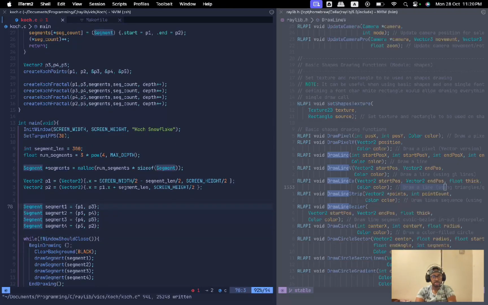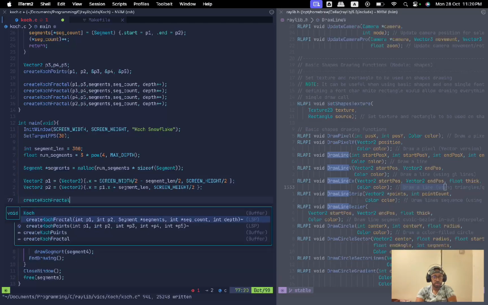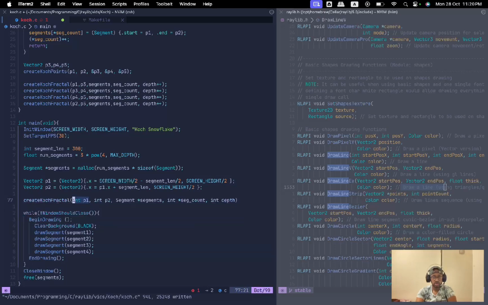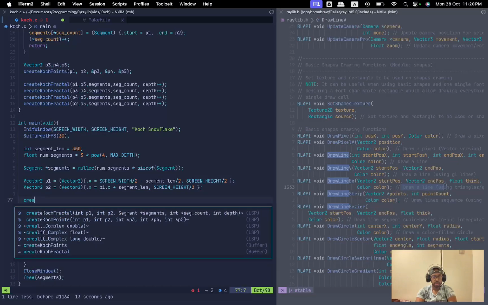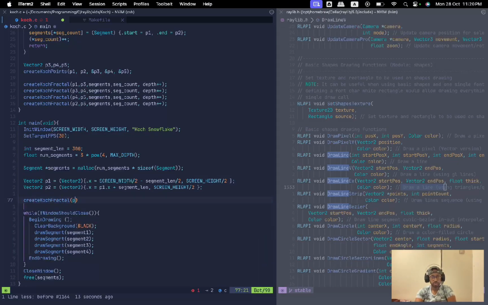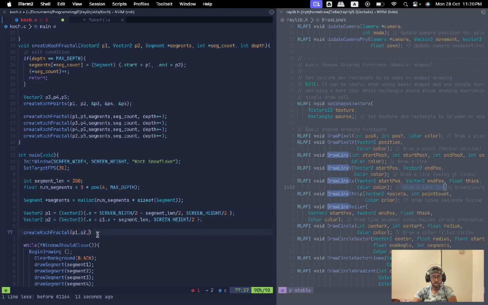So now what happens is I have these points. Now I need to call this create Koch fractal. Create Koch fractal to P1, P2. I already have P1 and P2.